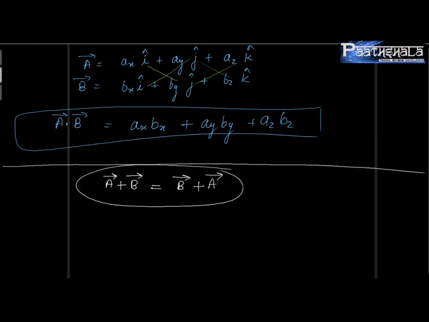And please remember at this point that if two quantities do not follow this, then they cannot be considered to be vector quantities. Later in the chapter called rotational motion, we will come across one such example, which is angular displacement. The crown of being a vector is taken away from finite angular displacement exactly because it does not follow this particular identity, that A bar plus B bar has to be equal to B bar plus A bar.